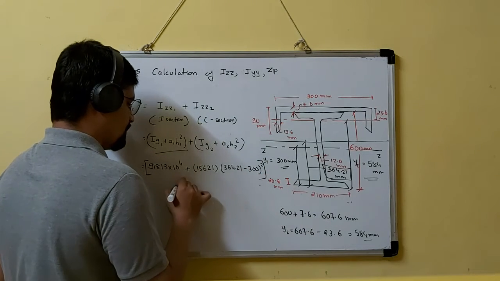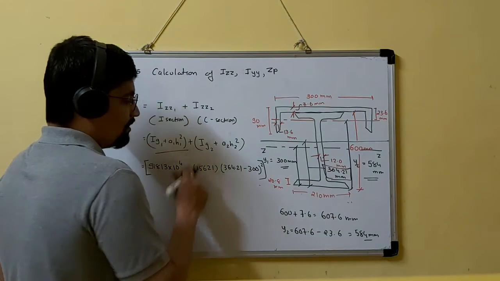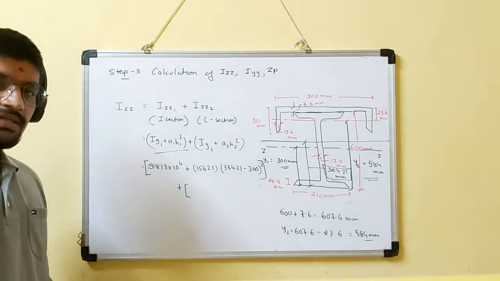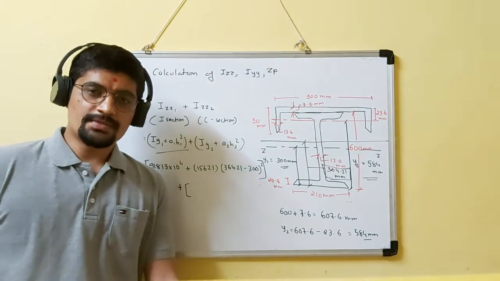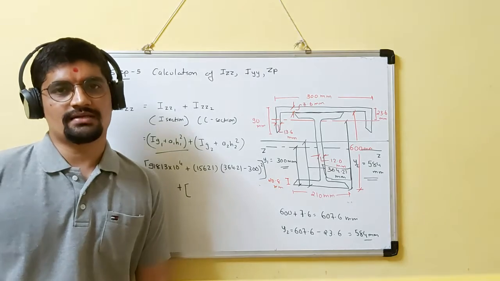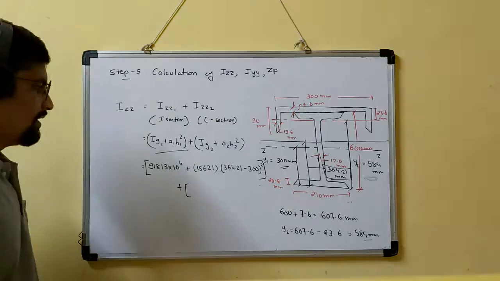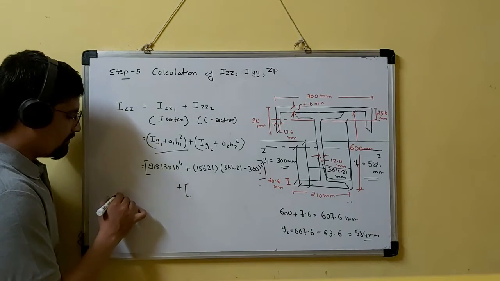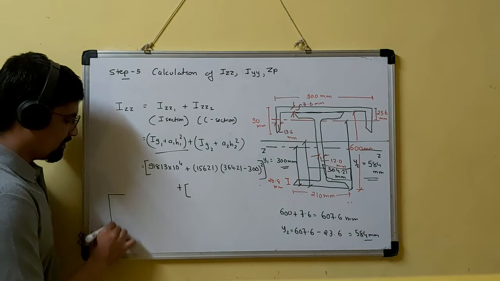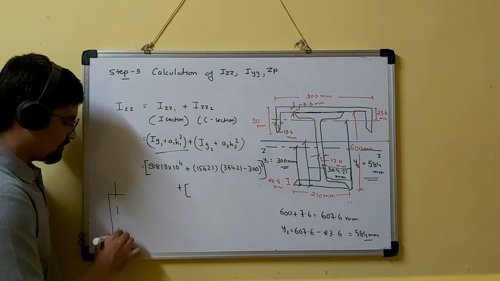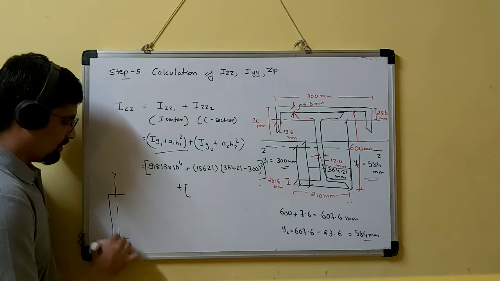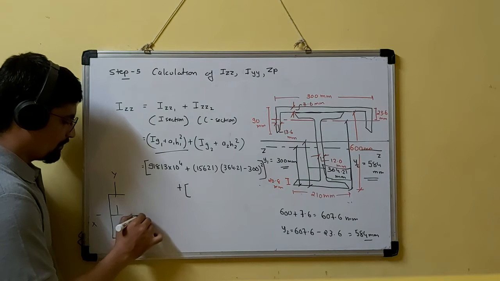Plus Ig2. Now we will consider IZZ of the C section, or rather IYY of the C section. Let me explain. Whenever we consider from the steel table, the figure will be like this, and this is the YY axis and this is the ZZ axis.